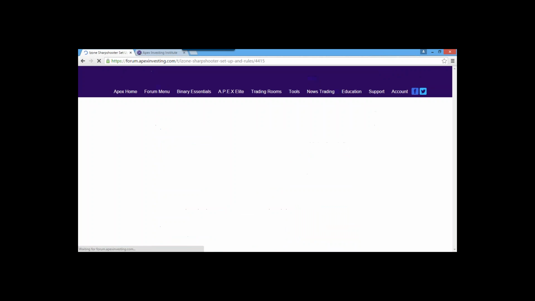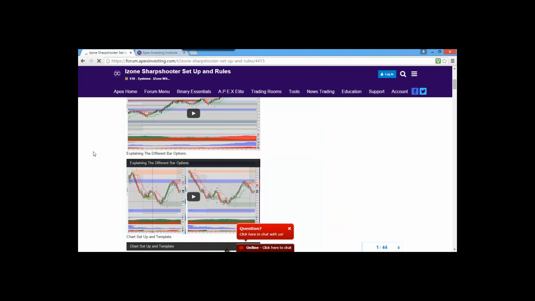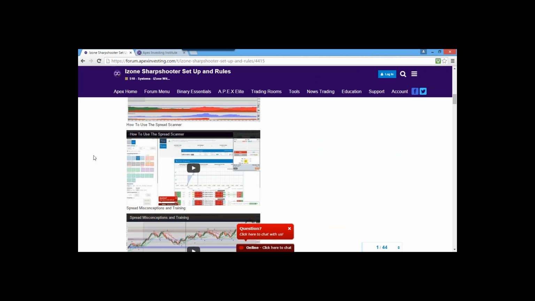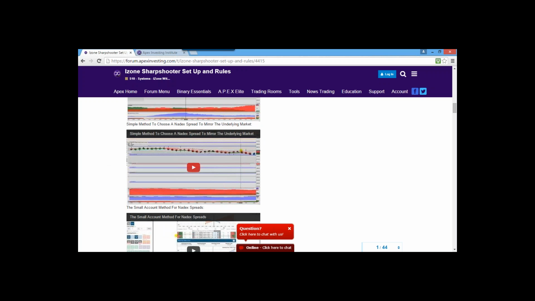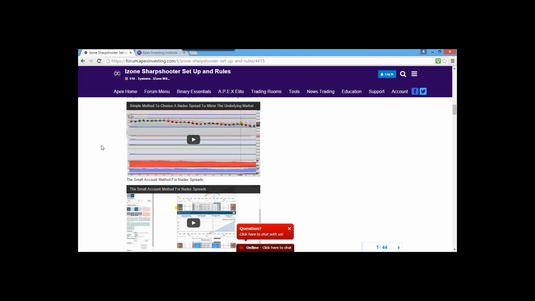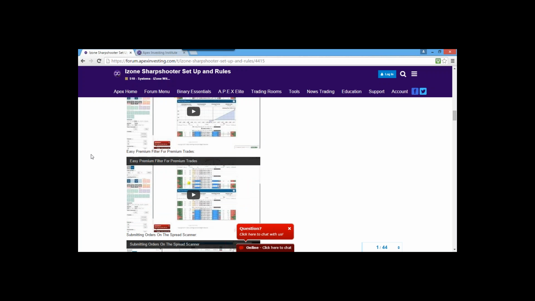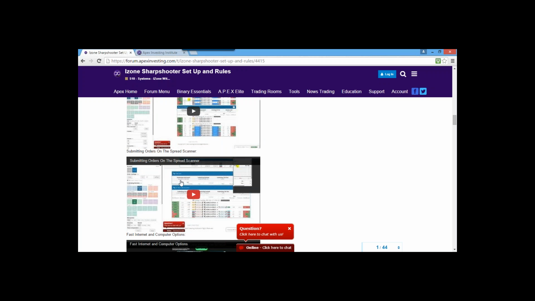The other thing you'd want to do is right here, the Apex Elite tab, step number 3, iZone sharpshooter course, for those of you that had questions about the systems we use and trailing and so on. It goes through and talks about the system, the bars, setting it up, entry and exits, and then how to trade that with spreads, how to use the scanner. We talk about the simple method to choosing a Nadex spread, the small account method for choosing a Nadex spread, and how to trade premium with Nadex spreads, how to submit orders on the scanner, all using that iZone sharpshooter.